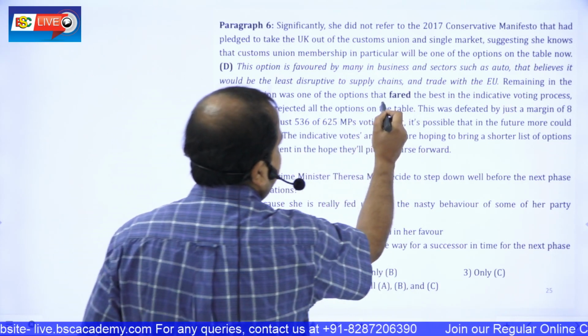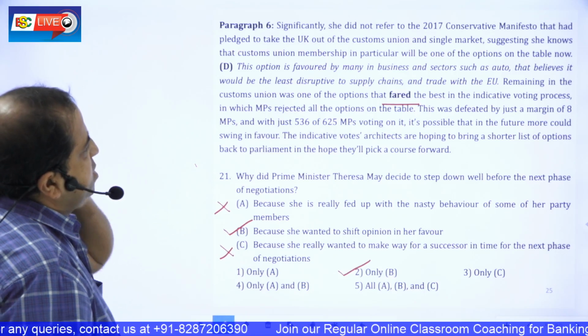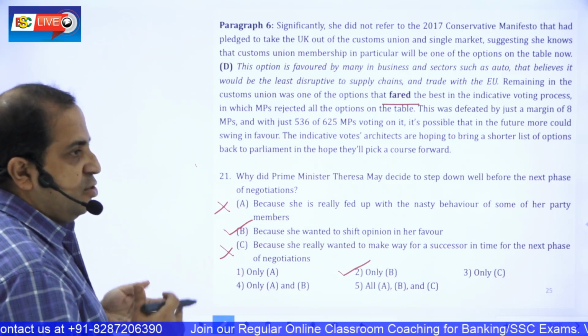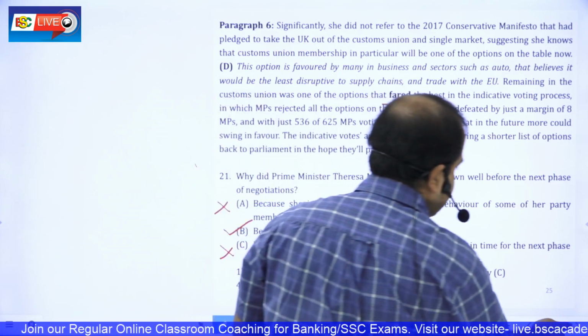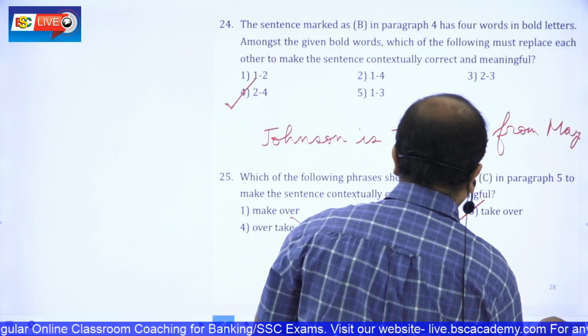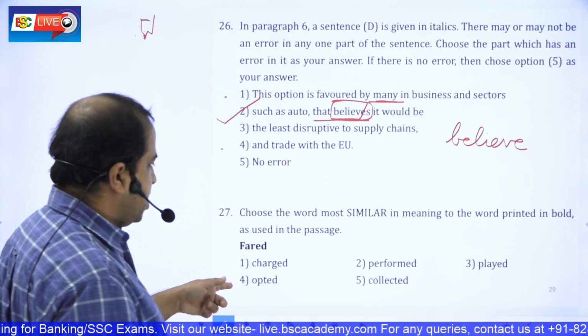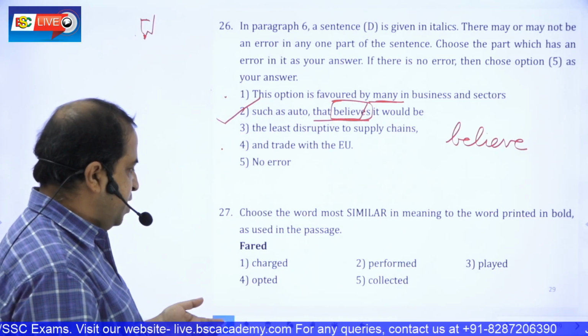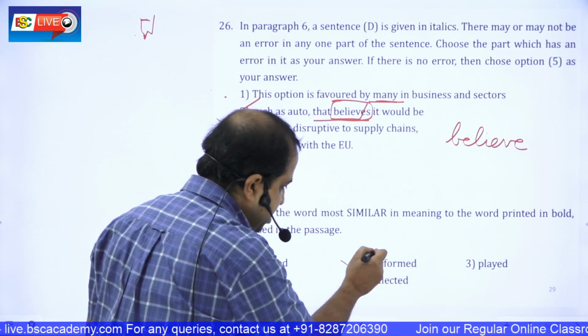Here is the word fared: remaining in the customs union was one of the options that fared the best. The option that fared the best. Here it is: the option that performed the best. Performed fits.